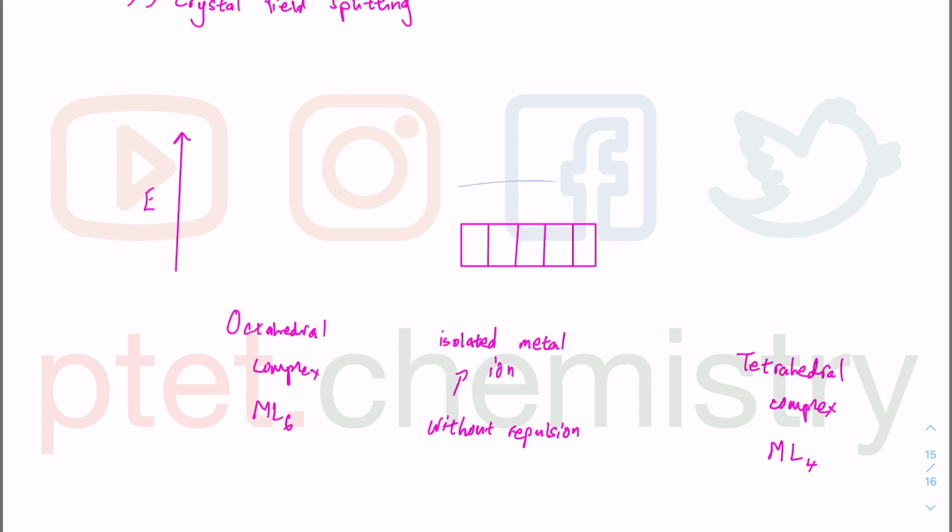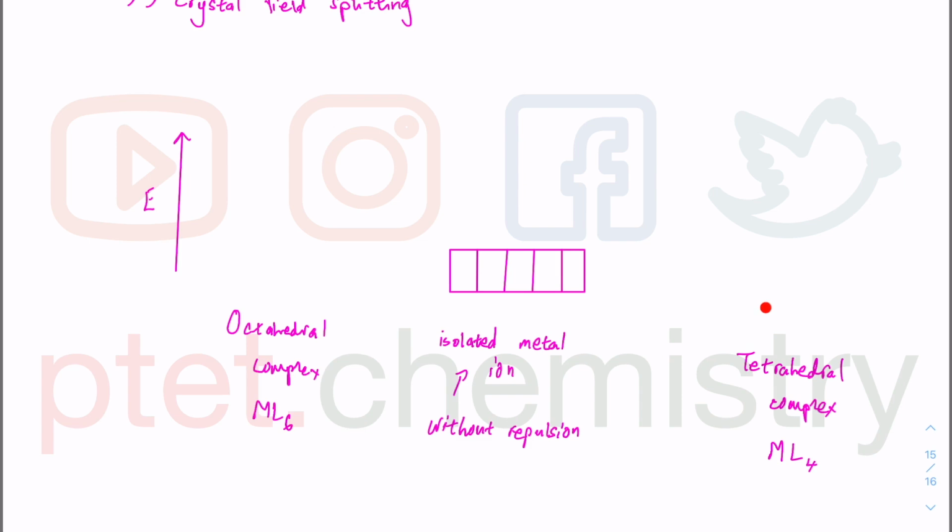As far as we know, in the presence of ligands, ligands will repel. Ligands contain an electron pair that they donate towards the metal center. Whether they are pointing towards the orbitals that lie along the axis, they will repel more if octahedral, or they will repel less if they are among the orbitals that point in space.